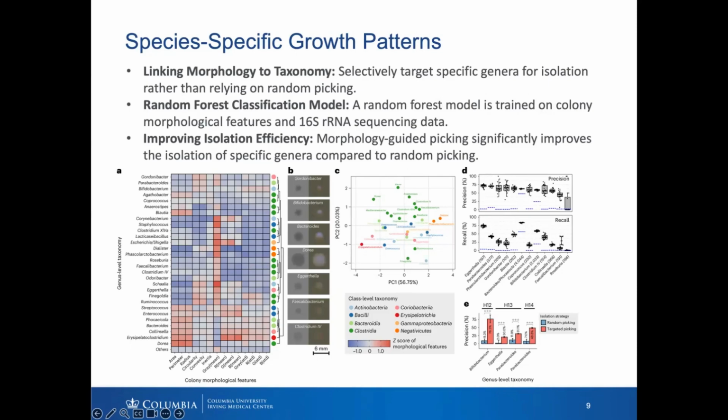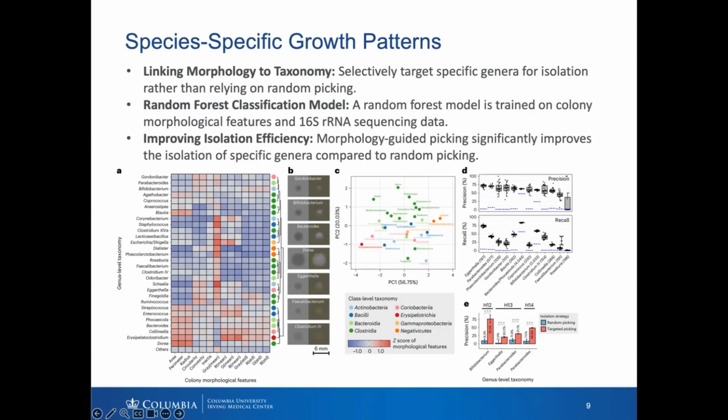For example, you have, I think it's Bifidobacterium, which is the third row, right? Yeah, the third row. So bifidobacterial colonies tend to be larger because, as you can see in the relative heat maps, they look red for the size. While Faecalibacterium colonies are smaller and less dense.